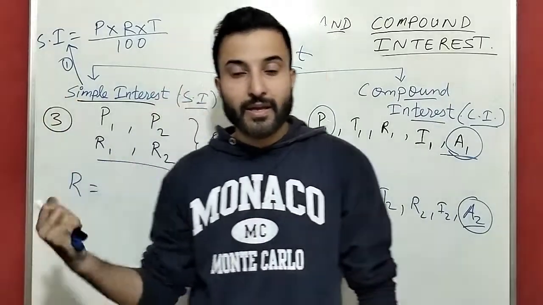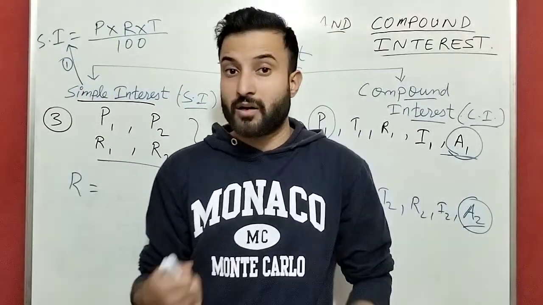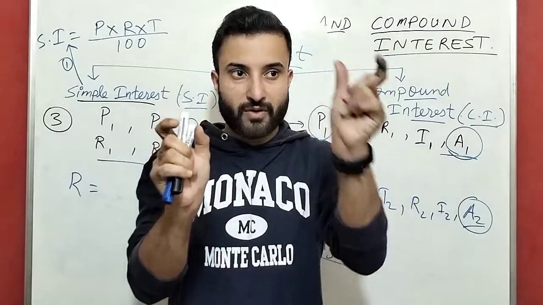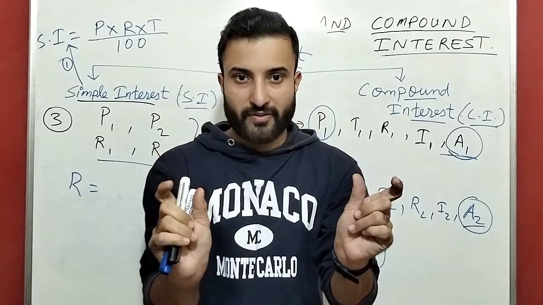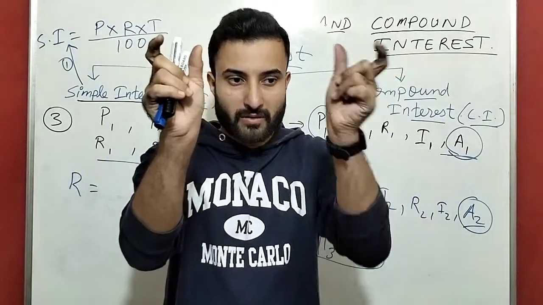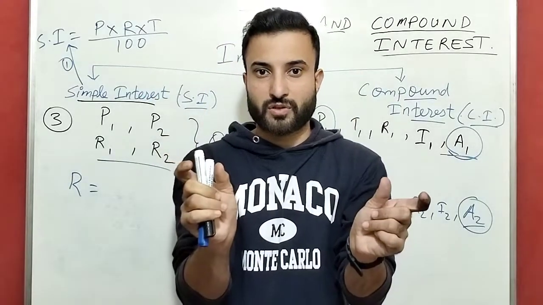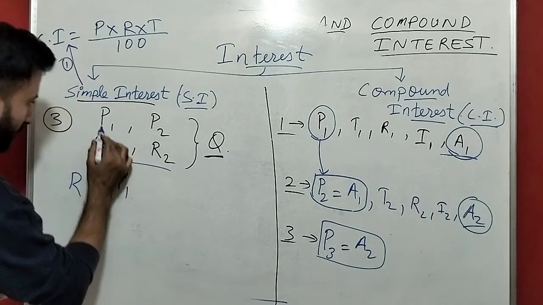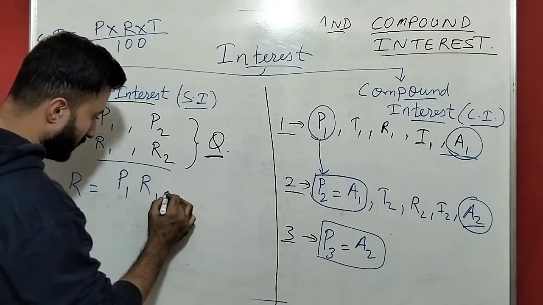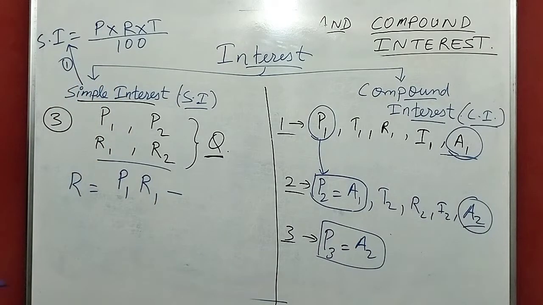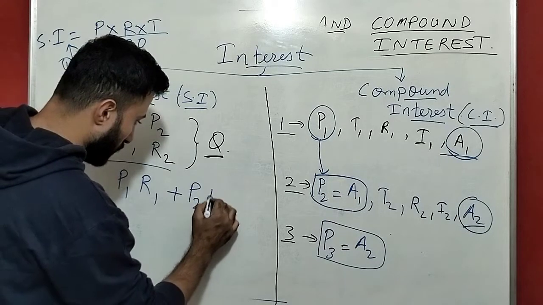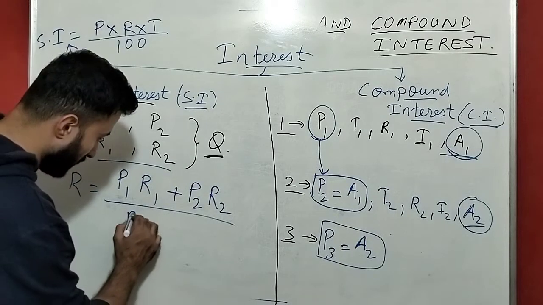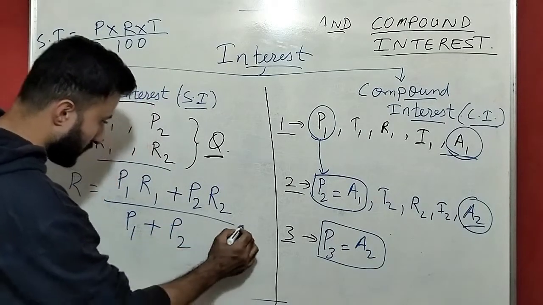In the third formula, if in the question we have two principals and two rates of interest given, then for finding the rate of interest we apply this formula: principal 1 into R1 plus principal 2 into R2, divided by principal 1 plus principal 2.